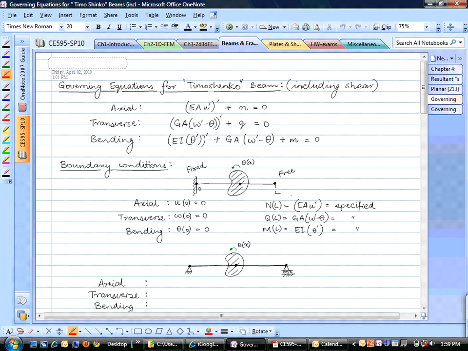If there are no forces, then those will all be 0, but there is N at L, there is Q at L, and there is M at L. All these things you need to specify. So which ones would be essential boundary conditions and which ones would be natural boundary conditions?